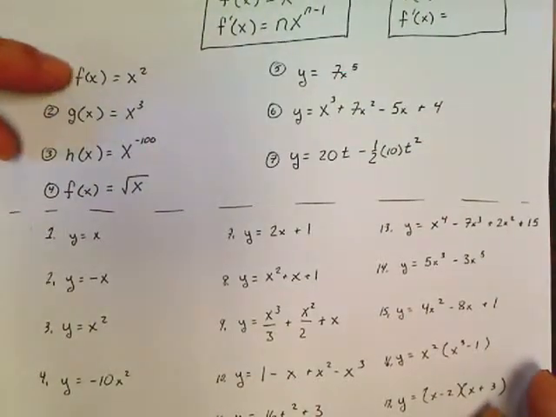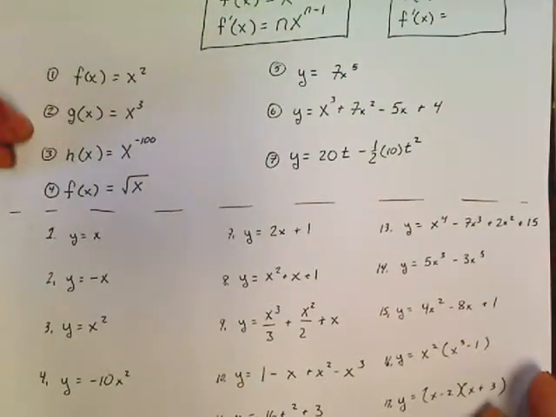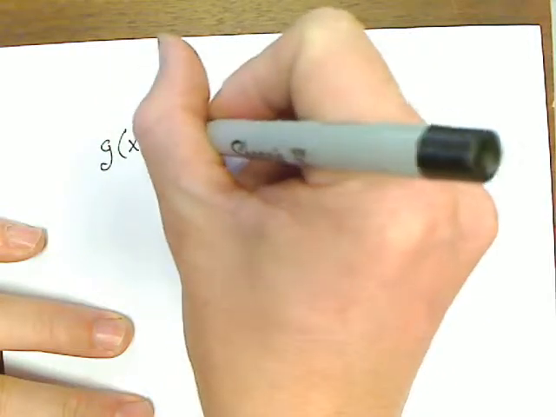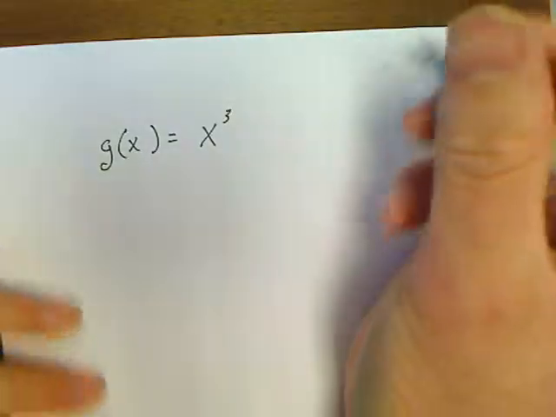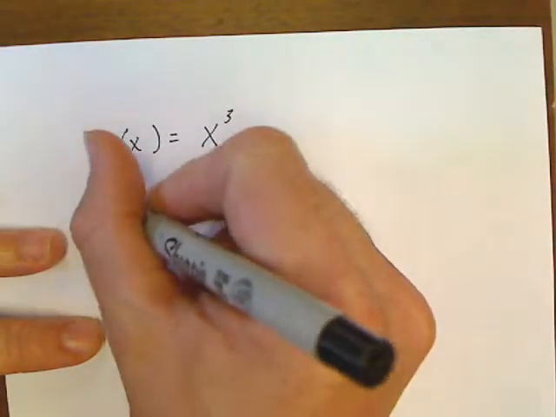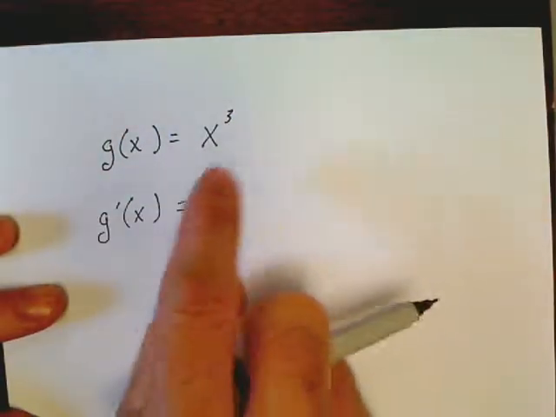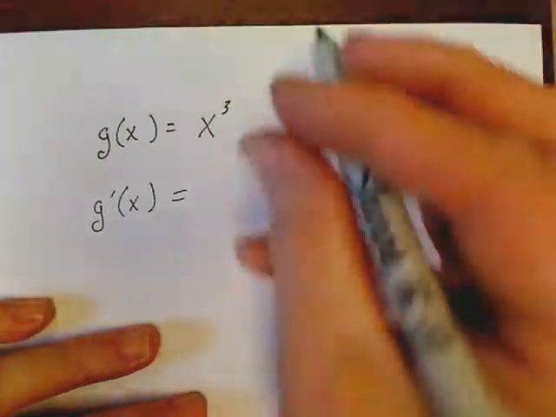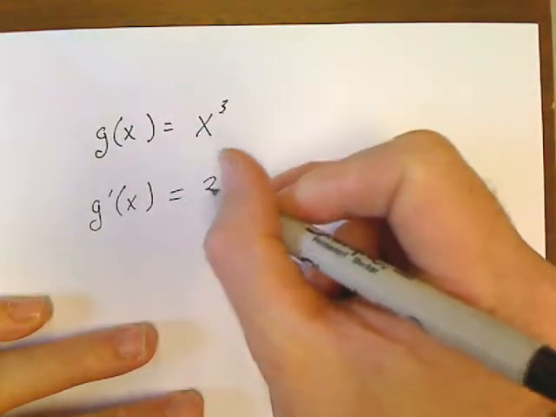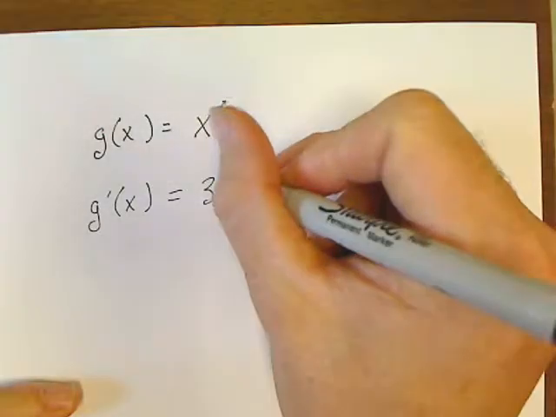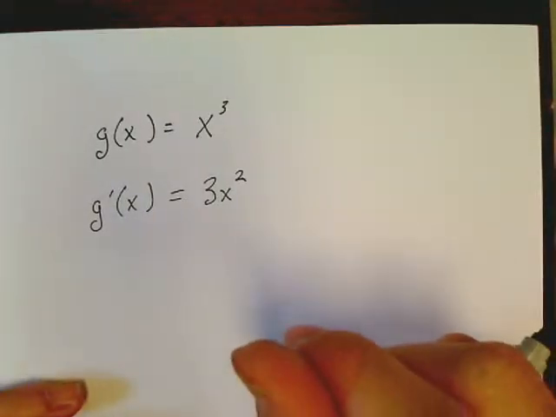We've done number 1, x squared, so let's do number 2, g of x equals x cubed. What I want to do is take the first derivative, notice by this prime notation, of x cubed. Multiply by your power, 3x. Subtract 1 from your power, and there's your answer.